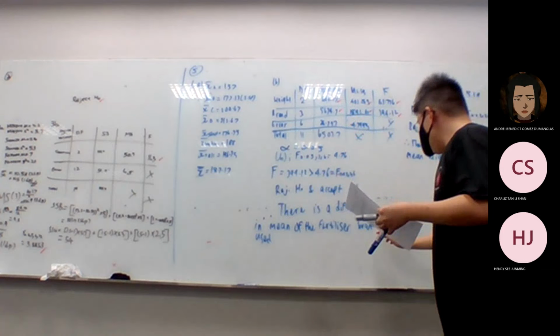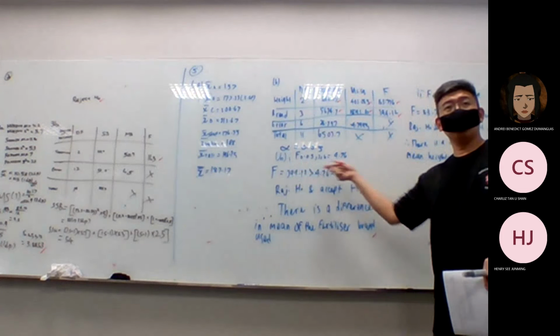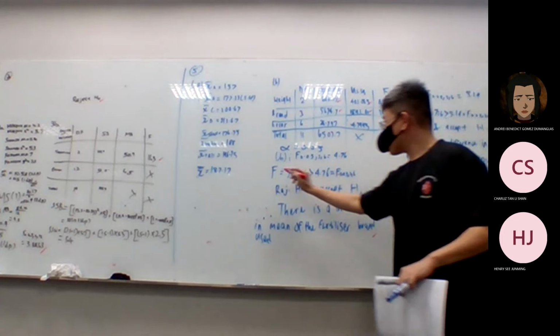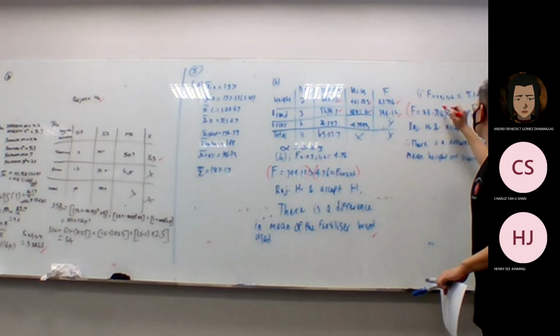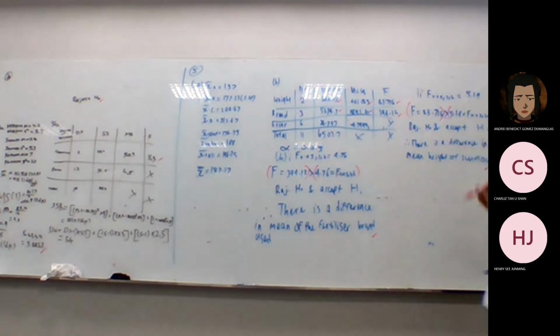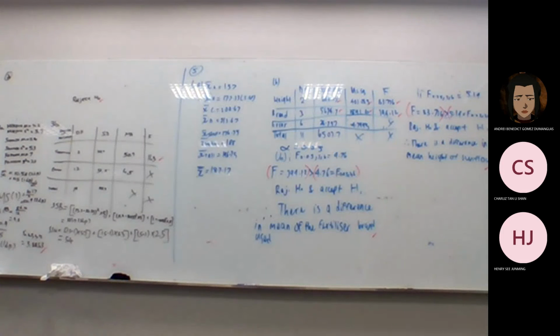So there's a difference between fertilizer use. Okay, Marcus, one thing, when you write this, don't write it this way. If you want to write this way, make sure you bracket it up. Otherwise, it's mathematically wrong.